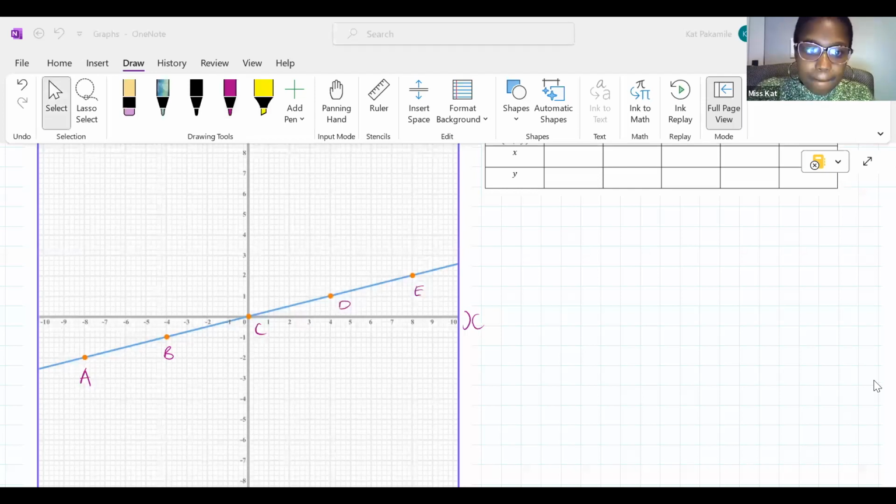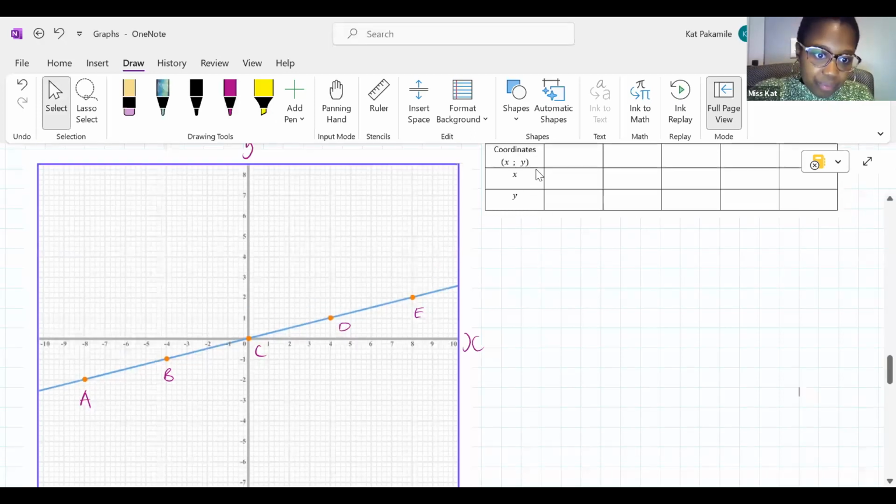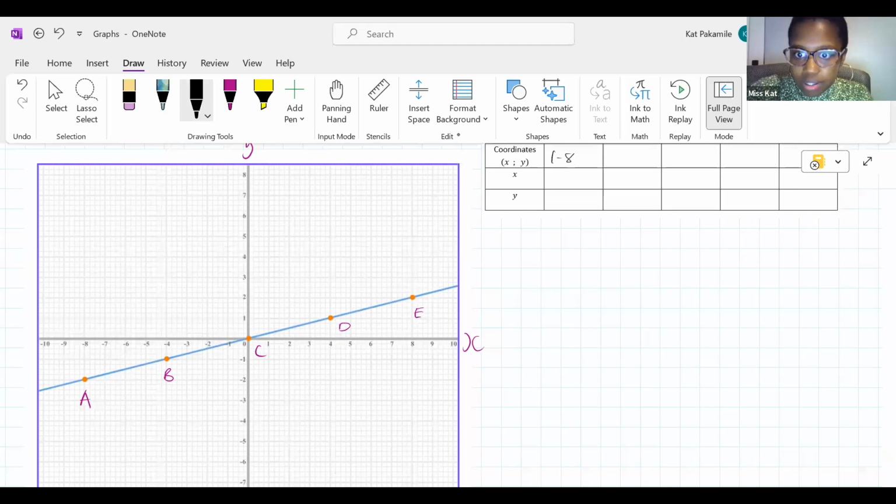Ma'am, I'm going to start with A. It's negative 8, negative 2. Okay, so the coordinates will be negative 8, negative 2. Then my X is what? How much is my X? Your x is -8.